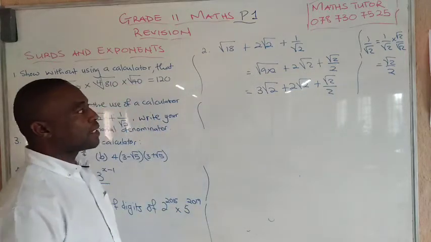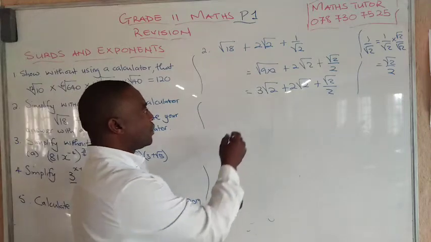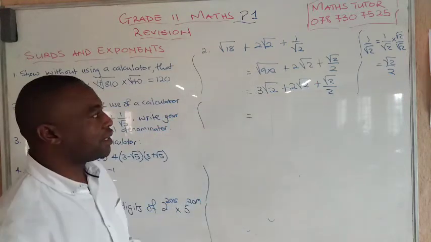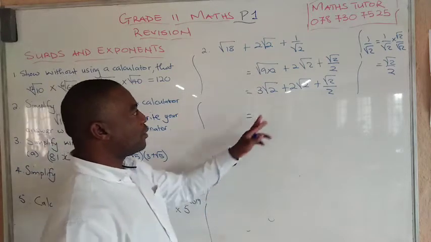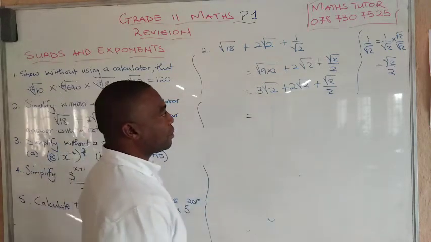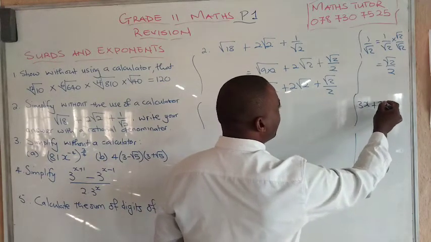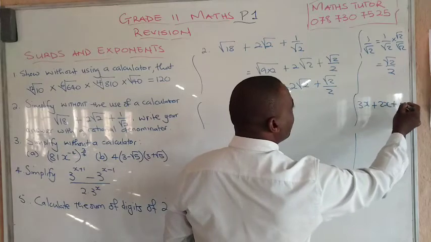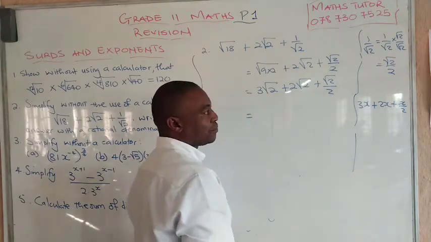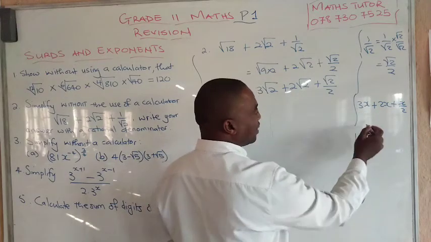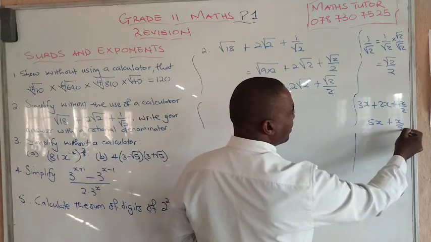And then these are like terms. So the addition is the same as the addition you do in algebra. If you let root 2 be x, you are saying 3x plus 2x plus x over 2. 3x plus 2x is very simple, that is 5x plus half x.